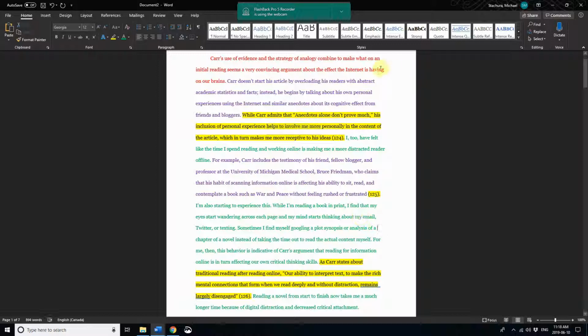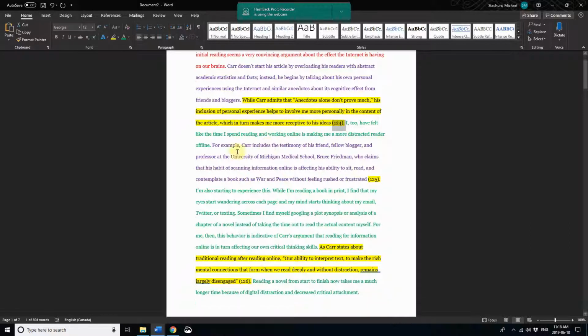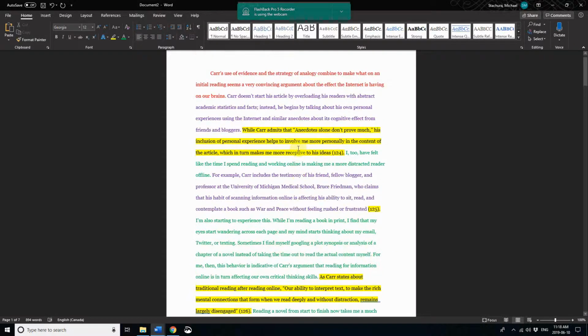So basically, your paragraphs need to be made out of these different things. The claim in red, summary of points that you want to engage with from the article in purple. You need to have direct quotations and or paraphrased points from the article, which are correctly cited, which I'll go over in a minute. And you need to have your own analysis. So what do you think of those points? What's your point about the ideas that you're engaging with? And how does that support what you say here in your topic sentences?